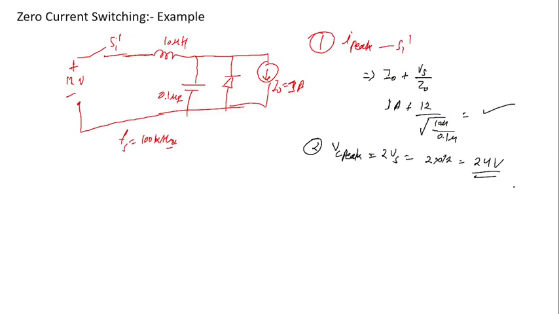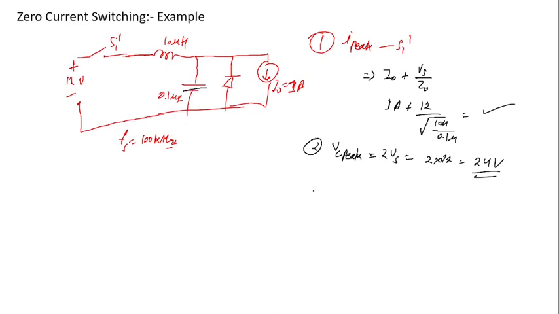So the capacitor must be rated for double the supply voltage, which means if you use this circuit for a higher input voltage rating, the capacitor must be rated for a higher voltage, which will increase its size. But if you compare in terms of switching frequency, this capacitor size will always be smaller.